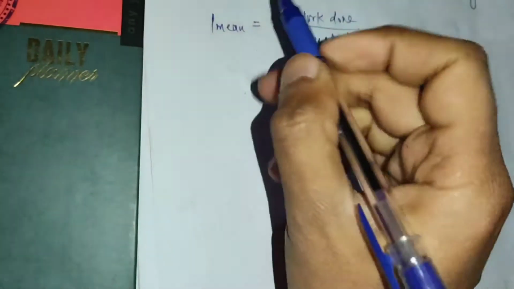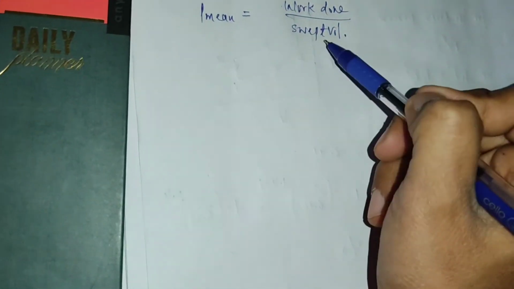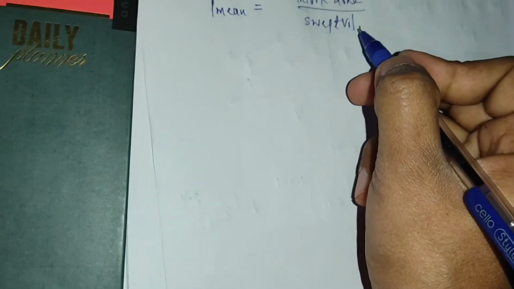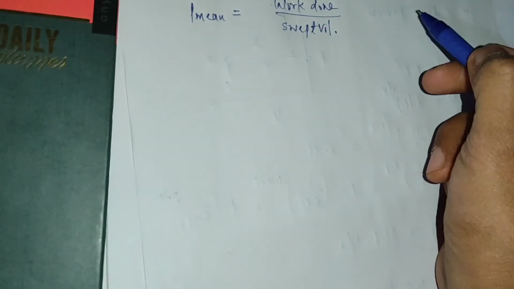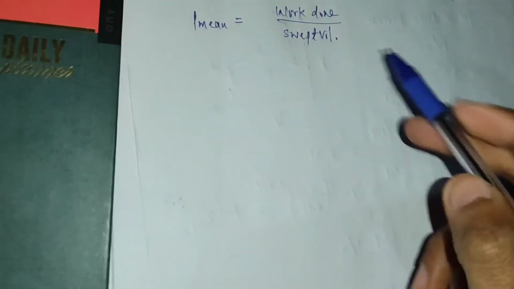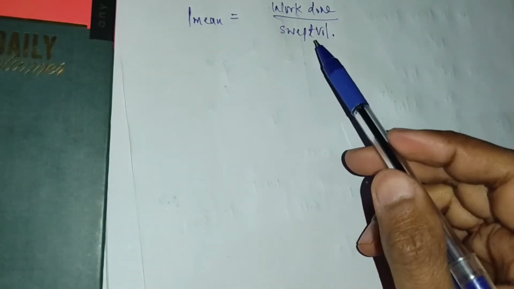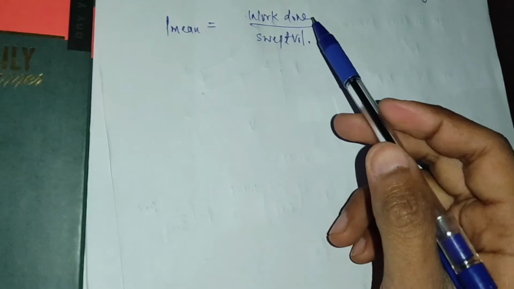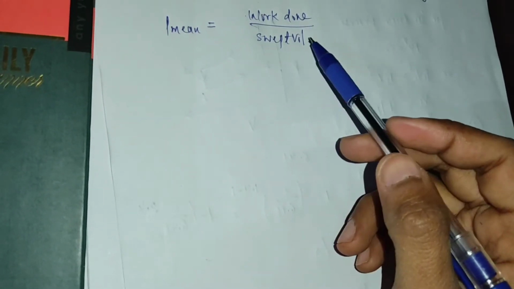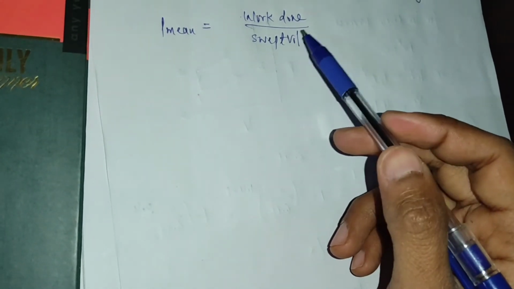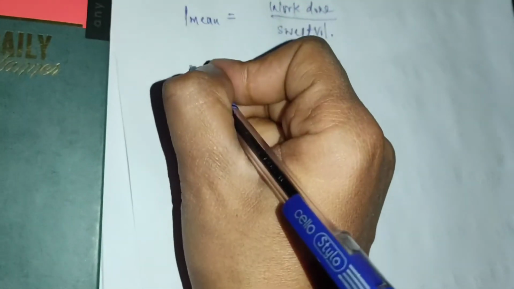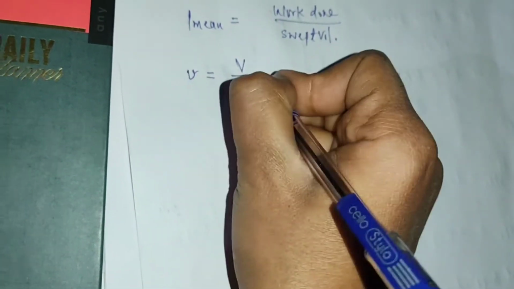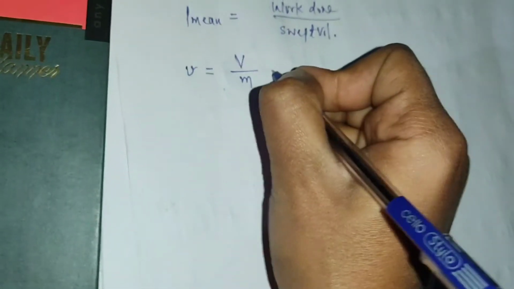We have already calculated work done, so we need to calculate swept volume. Swept volume will be in meter cube per kg, or you can say this will be specific volume, because work done is specific work done. So specific volume, small v, will be equal to capital V upon small m.